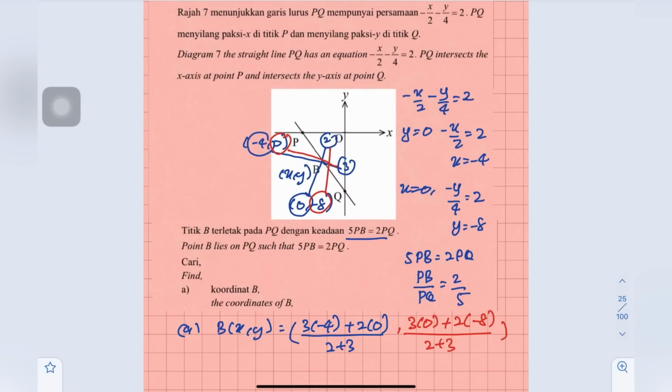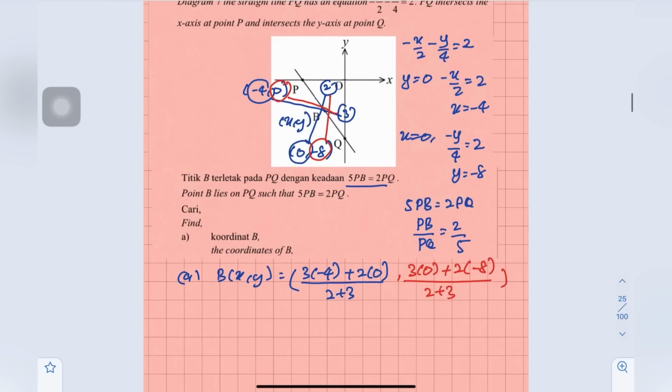Okay, nanti kita selesaikan ni. Kita boleh dapat lah. Okay, so dapat ni berapa ni? So, this one. Negative 12 over 5. Okay, so this one negative 16 over 5. This is coordinate of B.